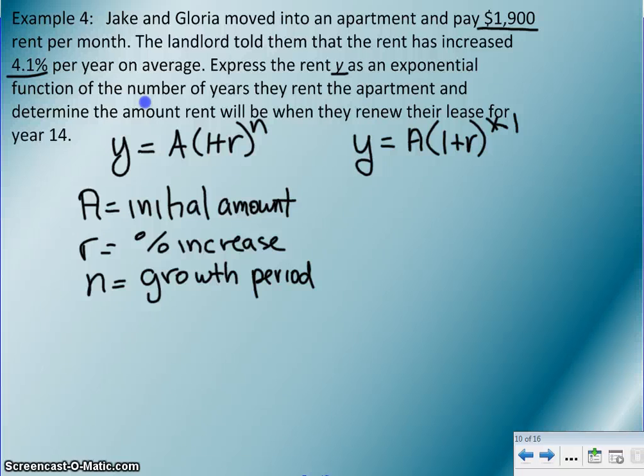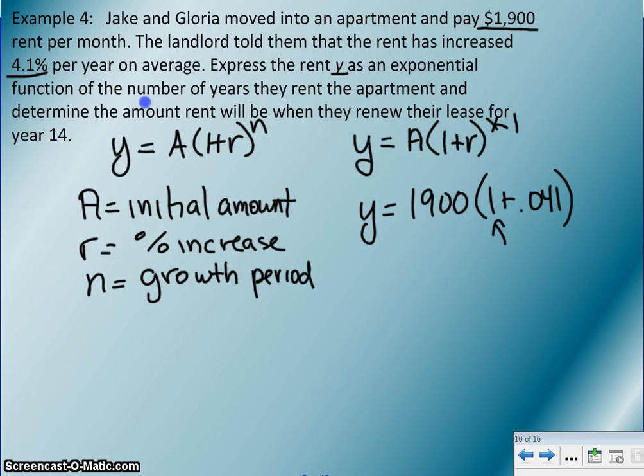Well, the initial amount, Y is what we're looking for. The initial rent amount was $1,900, and this here represents the yearly growth. So 1 represents 100%, which is what the rent was. The 0.041 represents the growth, which was 4.1%.